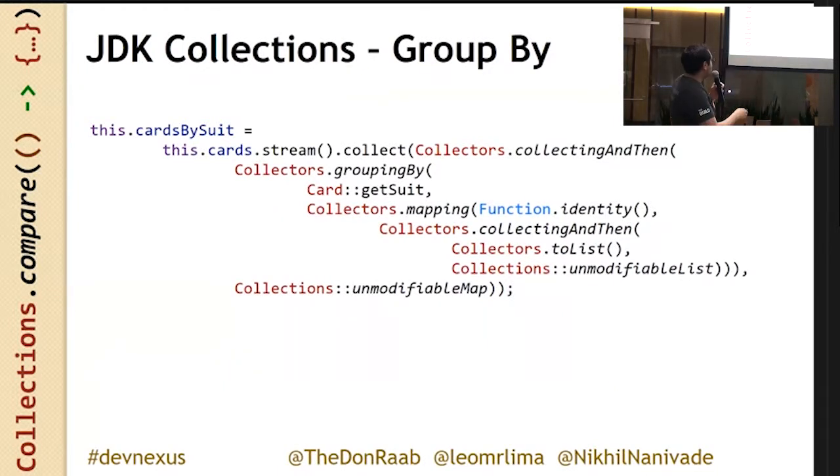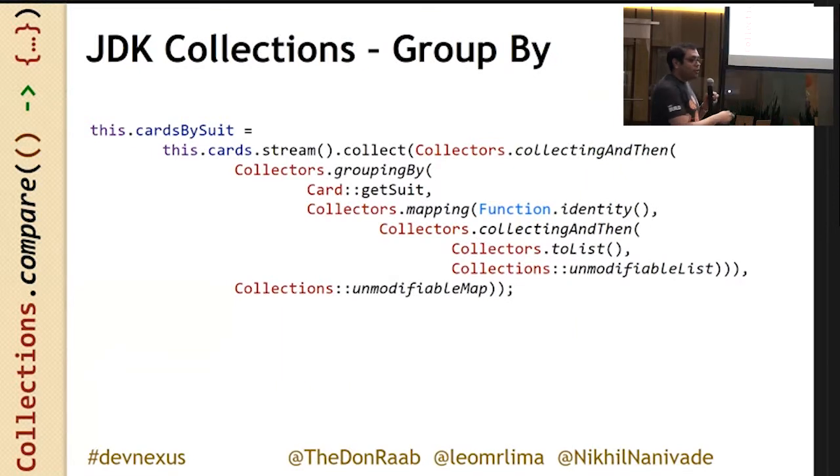What's happening here essentially is, first, you group the collectors by suit. Then you're streaming that in there. And then you say, all right, now that I've gotten the list of cards for this particular suit, wrap it in an unmodifiable list. Creating an unmodifiable list is an O(1) operation, whereas creating an immutable list is an O(n) operation because it does a copy over.